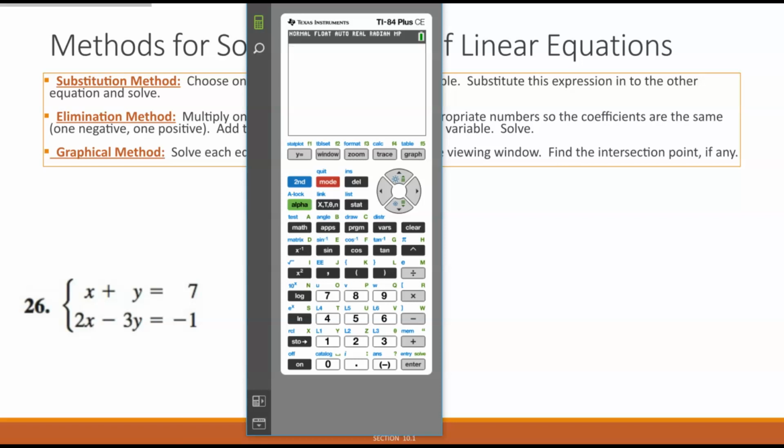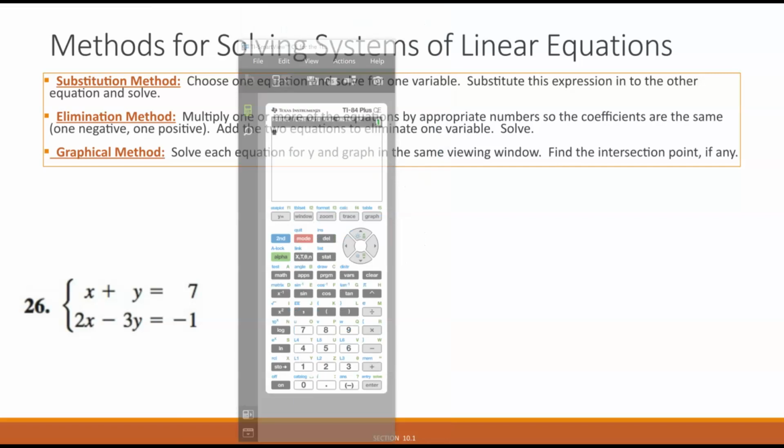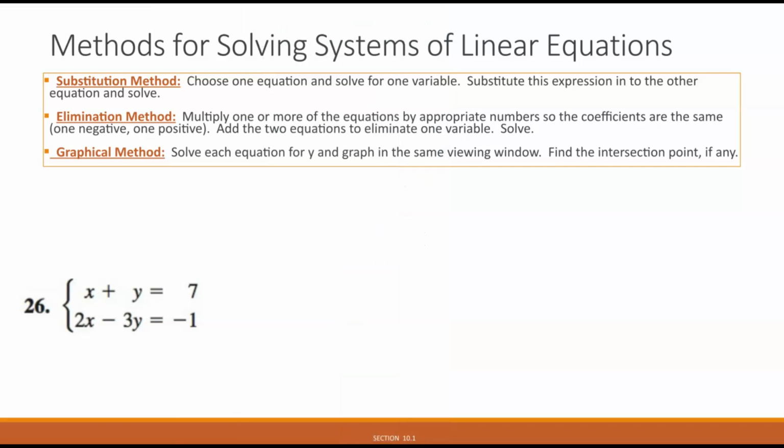What we're going to do first is put our system in a matrix. A matrix is a way to organize this information. A matrix has a size, and the size is the number of rows by the number of columns. Looking at this system, we're going to use two rows.